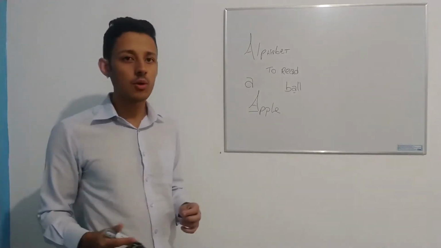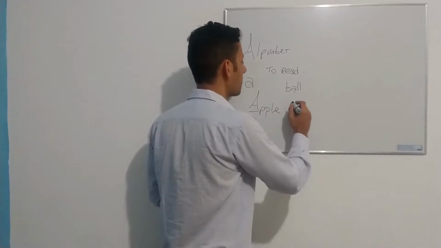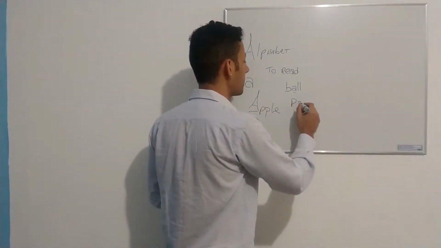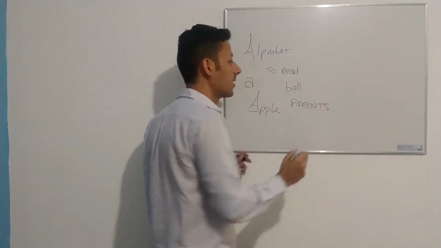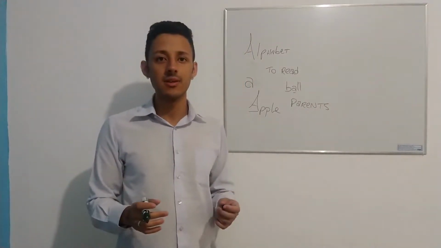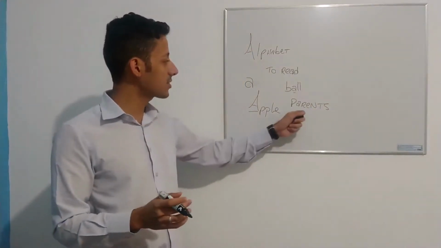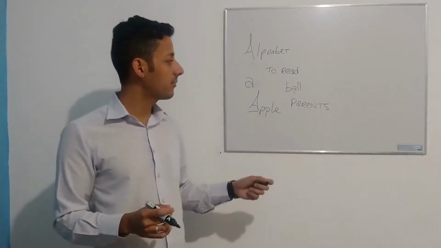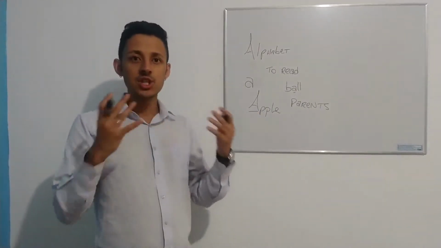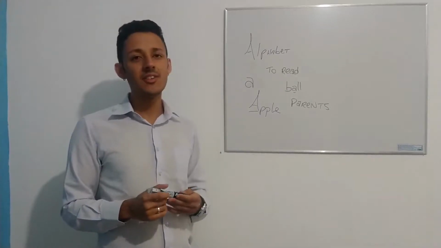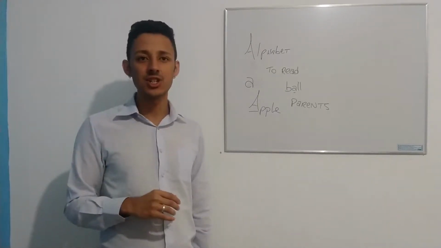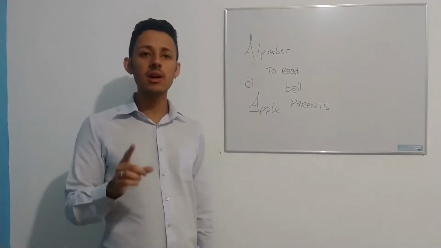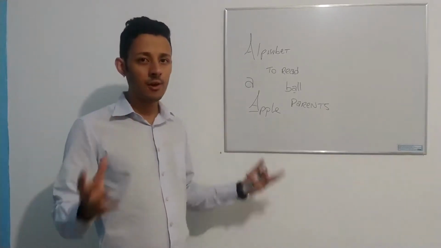Different from the word parents, which here is more similar to apple. But in general, we can see that there is no regularity in English, especially when we speak about vowels.